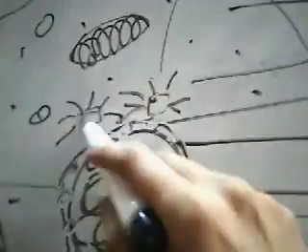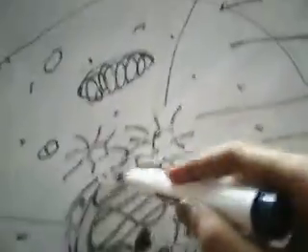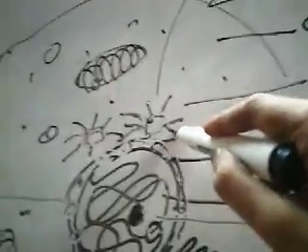They are only functional when cell division happens, whether it's mitosis or meiosis. What happens during cell division? They become separated. One goes to the north side, another centrosome goes to the south side.